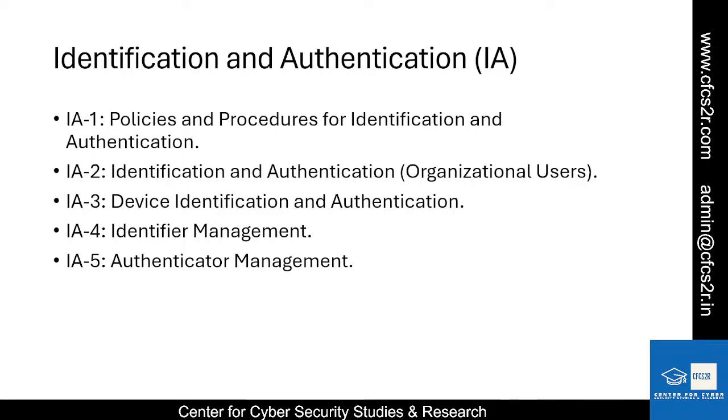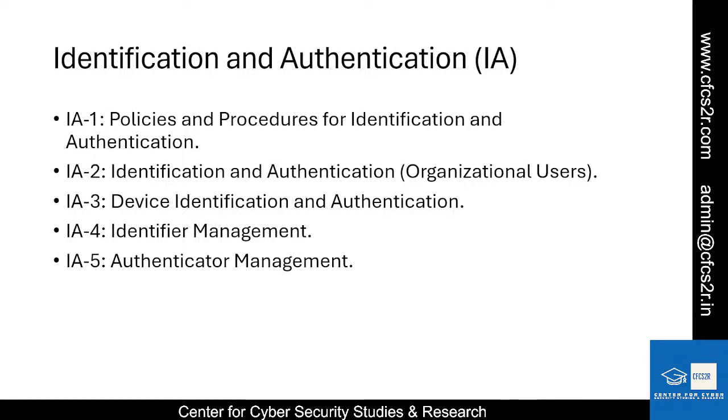The important family of controls is identification and authentication, and it specifies the identification and authentication minimum security requirements as follows. What are the issues we are going to face within the organization? Most organizations must identify their information security users, that is, who my information security users are, and their processes and devices, authenticate them, and identify which users and processes are legitimate to the organization.